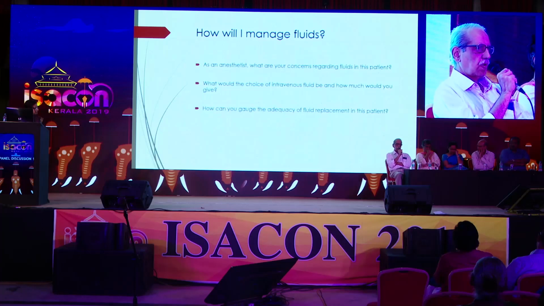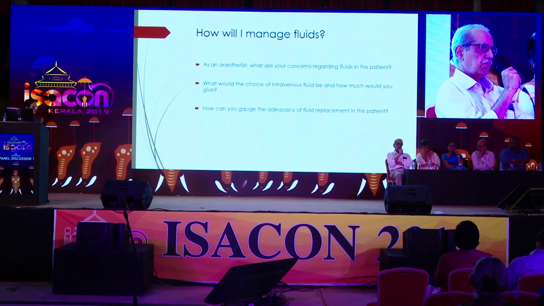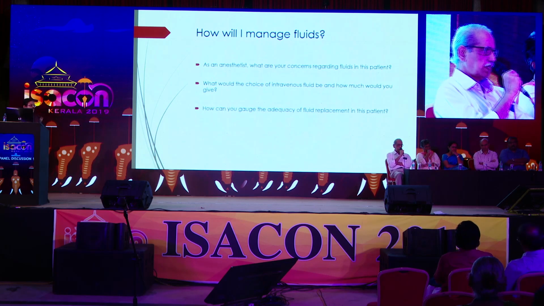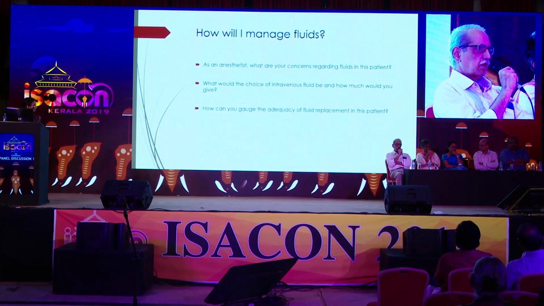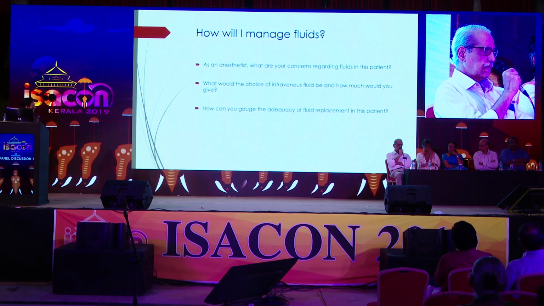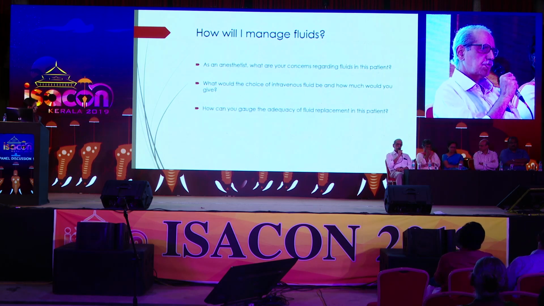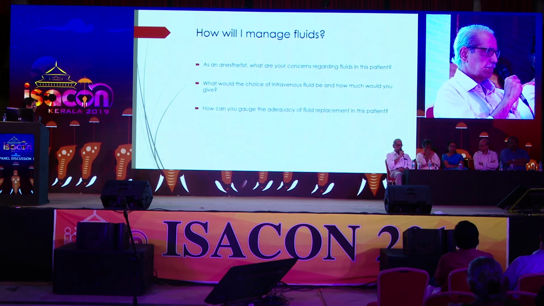That will depend on how much monitoring system I have. I can actually take the patient into an ICU and at least do a PLR maneuver and see how much fluid responsiveness is there. And definitely, although it may be controversial, I'll definitely have a CVP line in this patient. And in case the patient looks really in a bad hemodynamic situation, I'll have an arterial line and also monitor the dynamic variables.